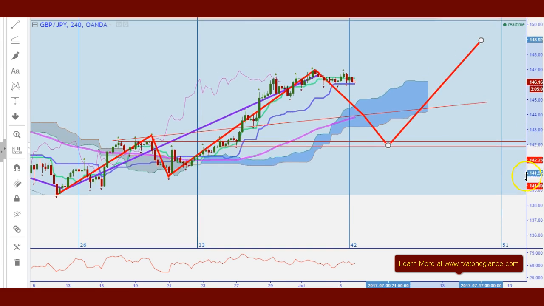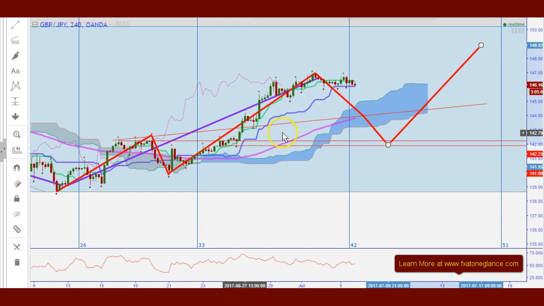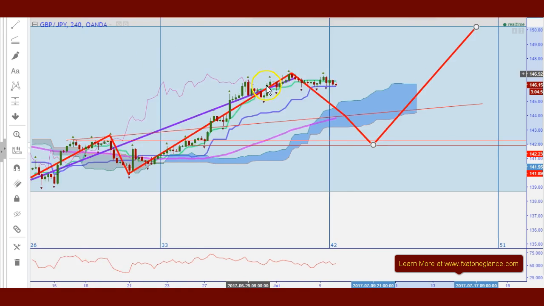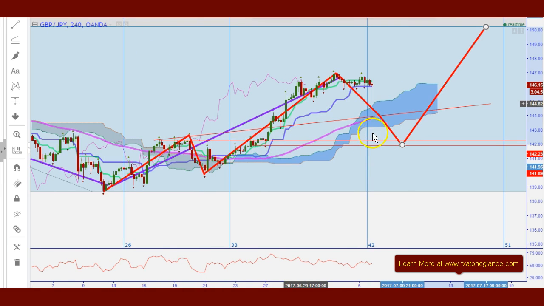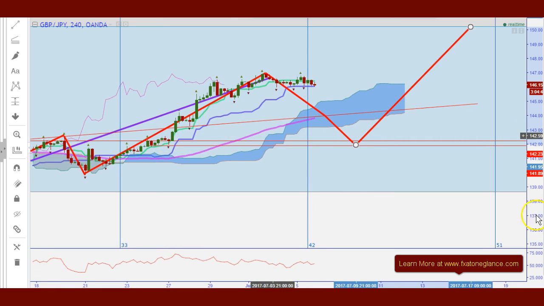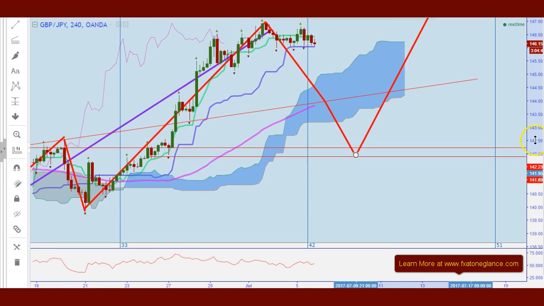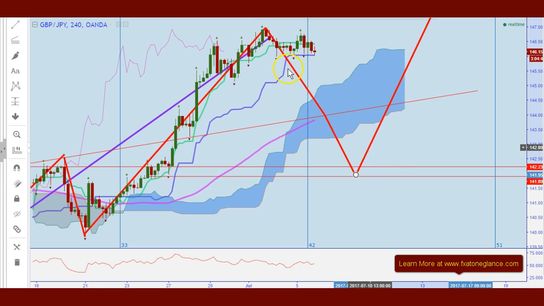Now, a lot of times, depending on how far the market pulls back, you might know what target you're going to reach, because you may only reach your NT target, or you may reach your N target, depending on what the pullback is on this market. So we're looking at that. Now, I'm taking a trade here, quite possibly, on a close below this level, and I want to get through the cloud, to get to the cloud, because the cloud is going to offer support.